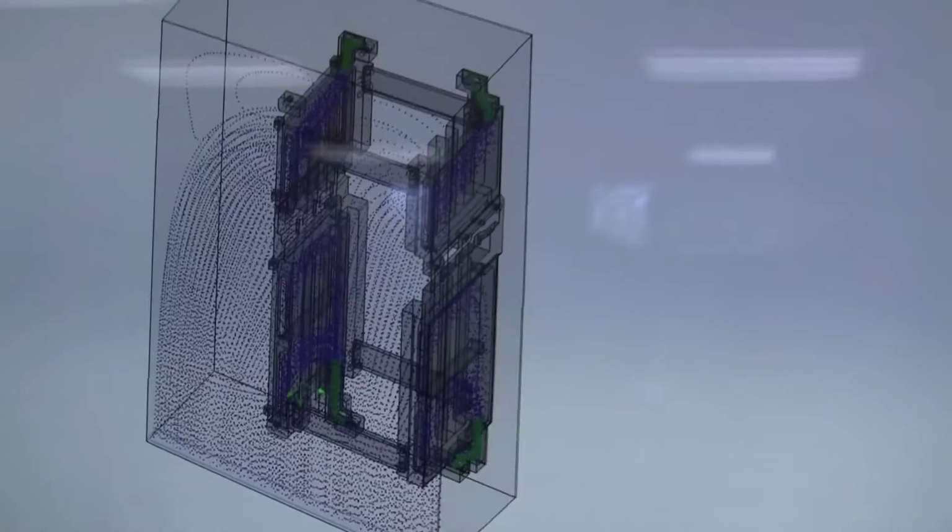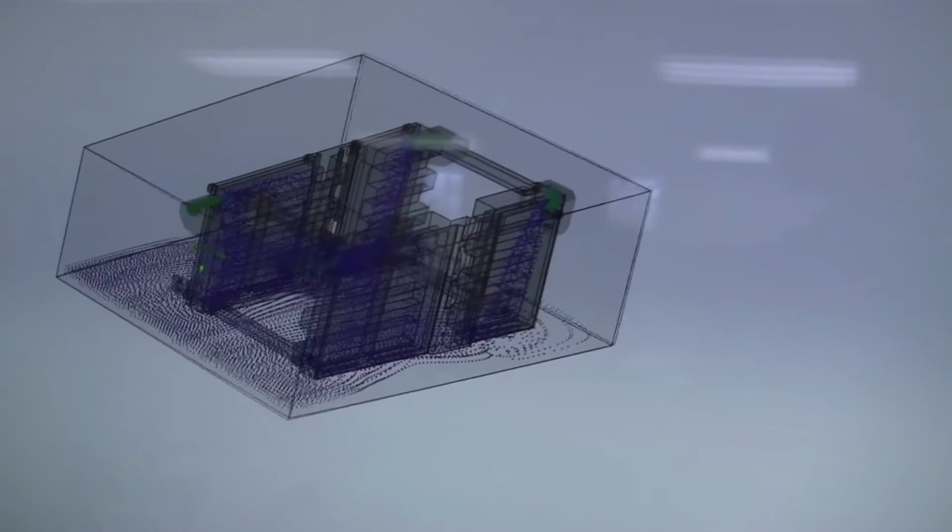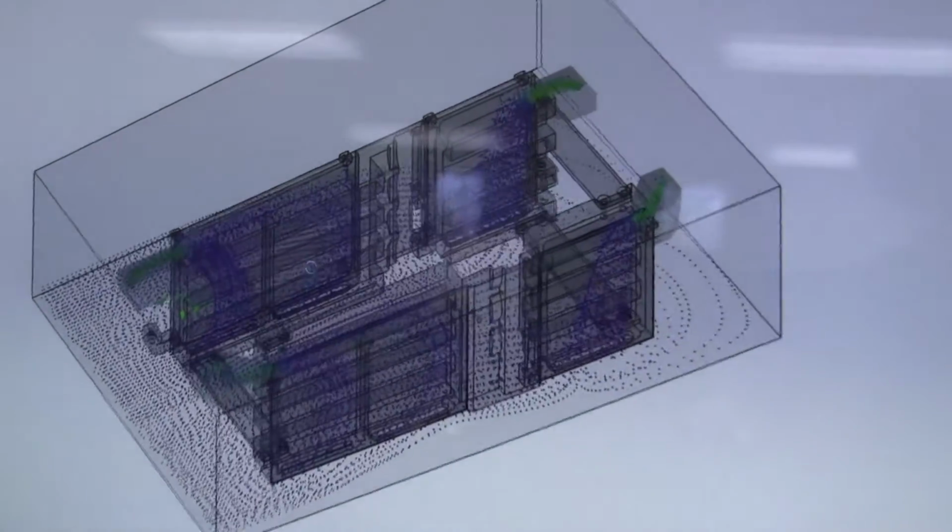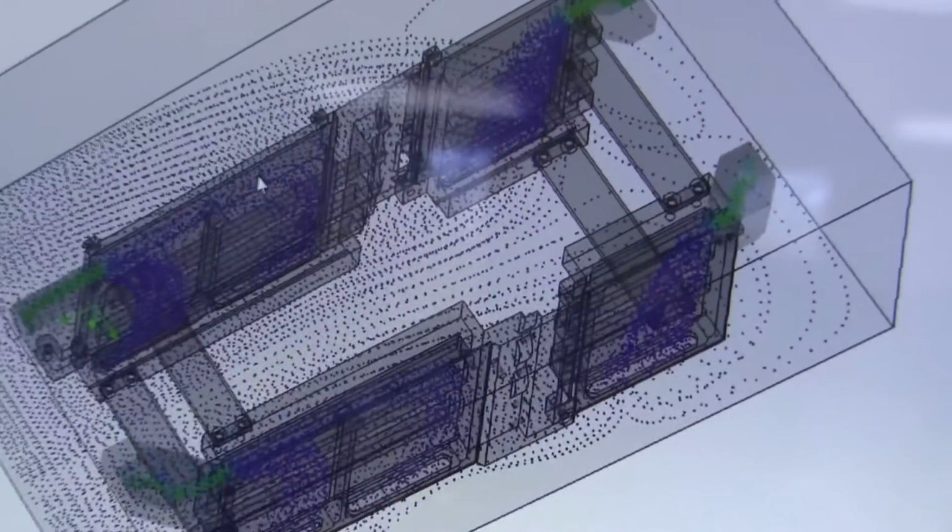What else? Right. And then another one that's really helpful, especially in our business where we're doing a lot of electrical things that produce a lot of heat, is flow analysis. For our purposes, we use it a lot of times to simulate the airflow through an enclosure where we may need to cool something.